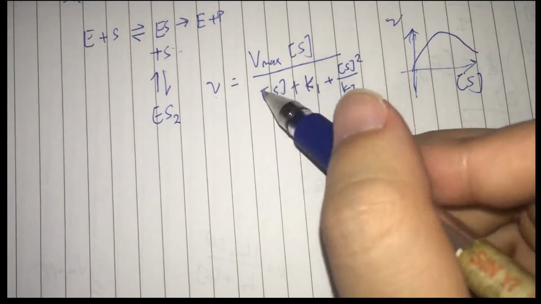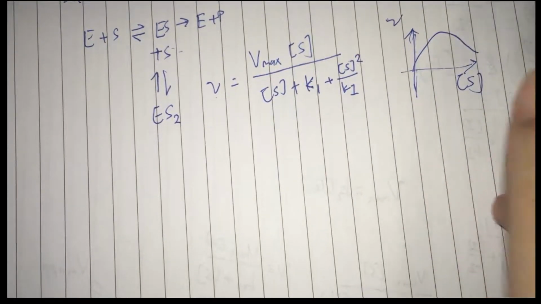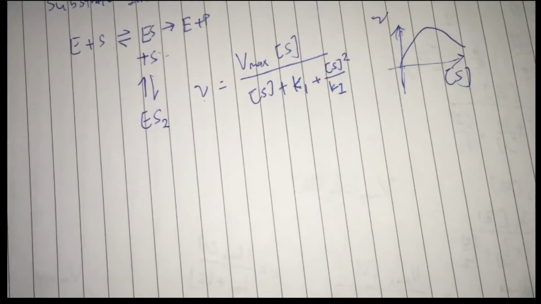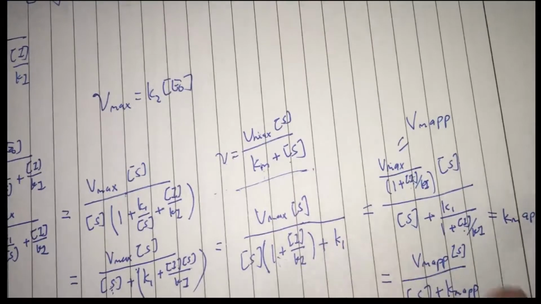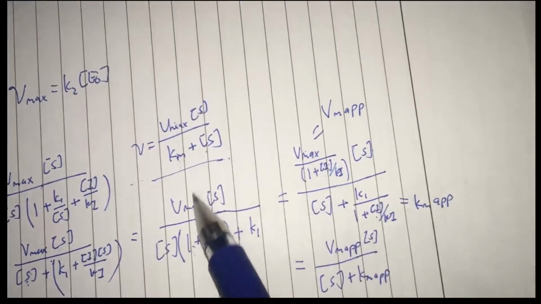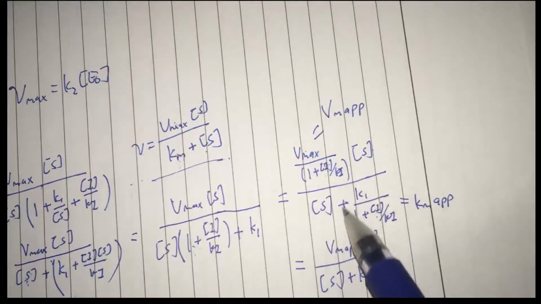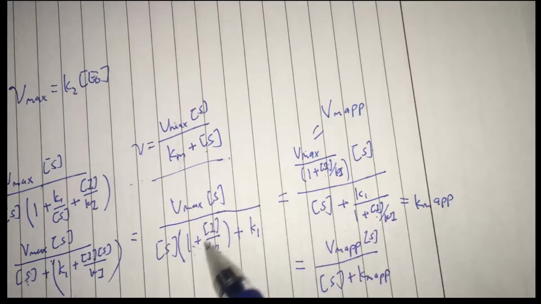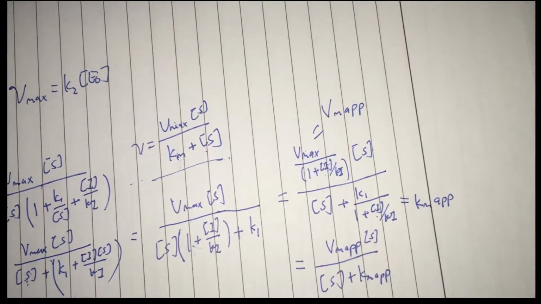And of course, what else? You notice that we can't do a very similar trick to what we did here. We can't have this as a constant, because now all these terms here will start to depend on S. So this will not look like standard Michaelis-Menten kinetics at all.